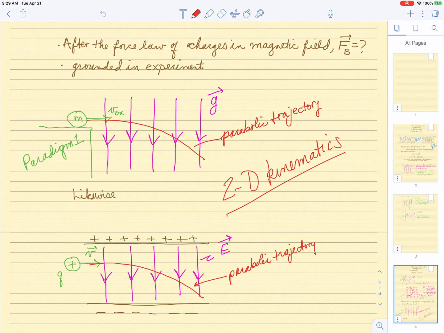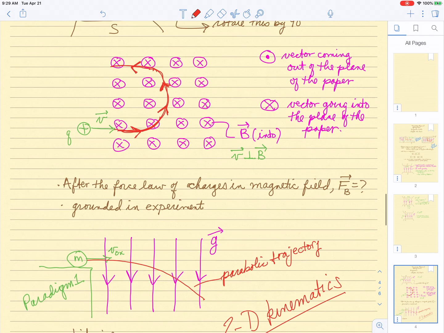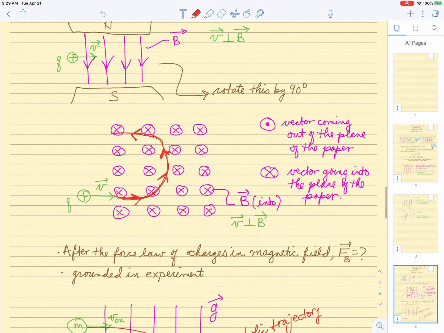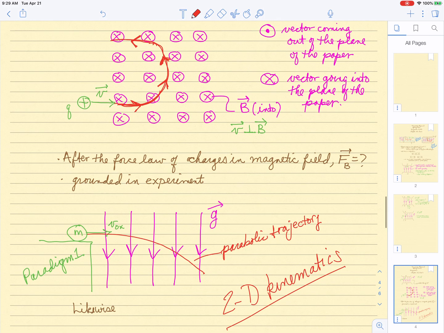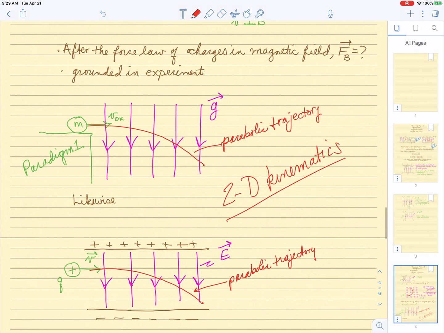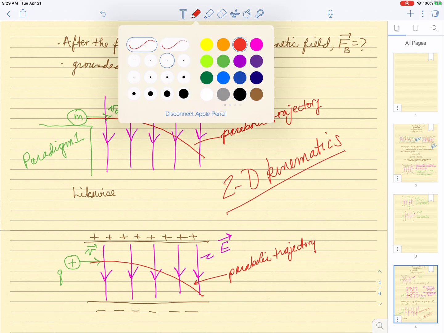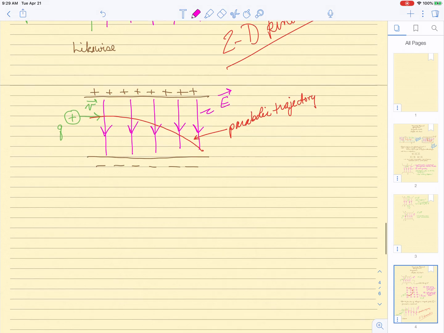So again, going back to this problem, we shoot a charged particle into a magnetic field, and we get a circular trajectory. Now let's redraw that, because that's important enough to redraw down here.